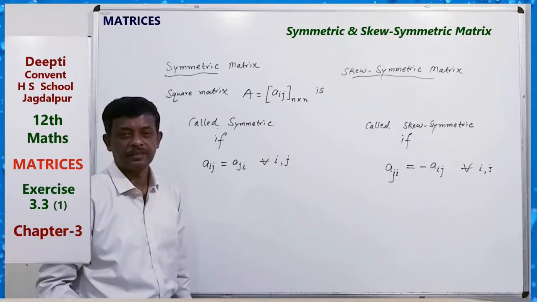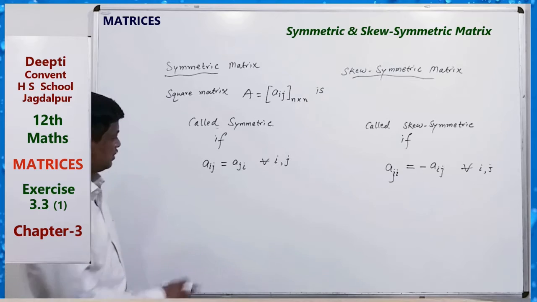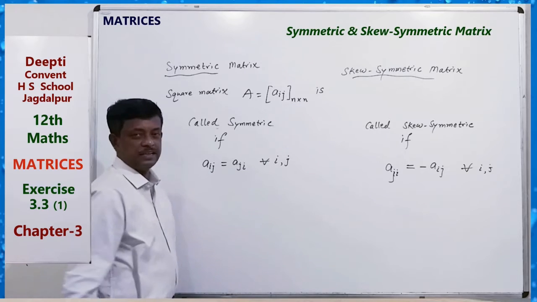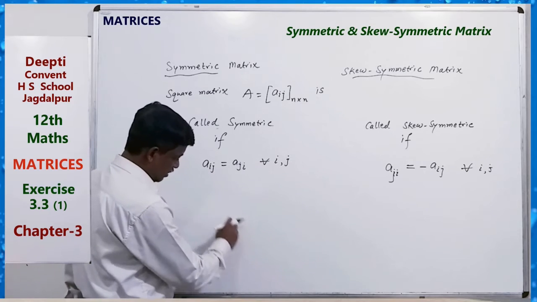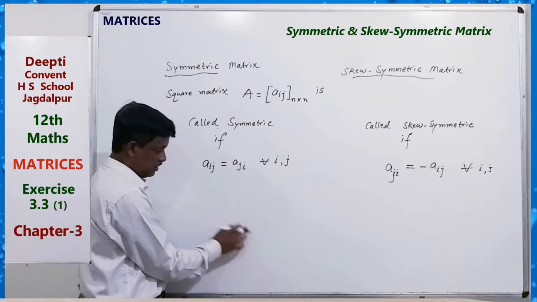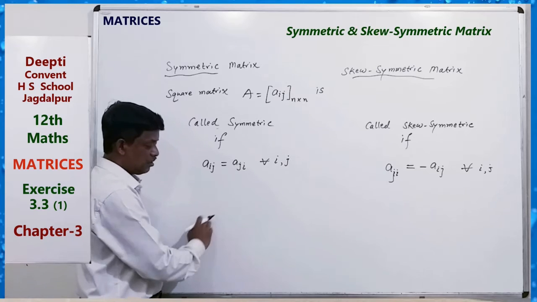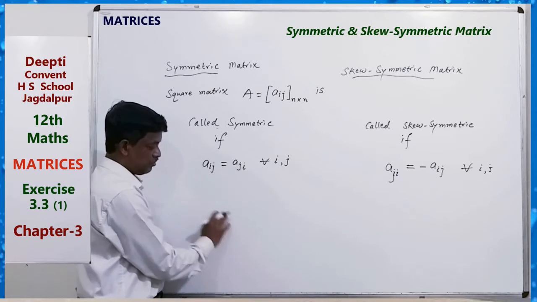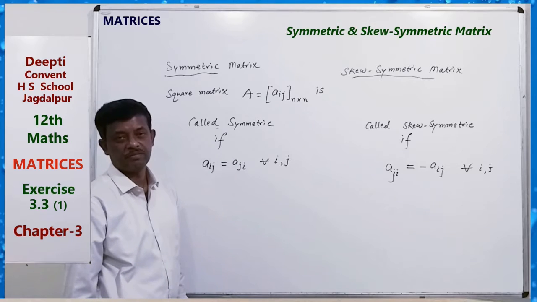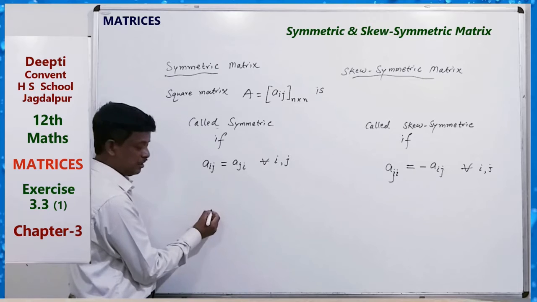Okay, Aij equals Aji means the elements on either side of the diagonal are the same.